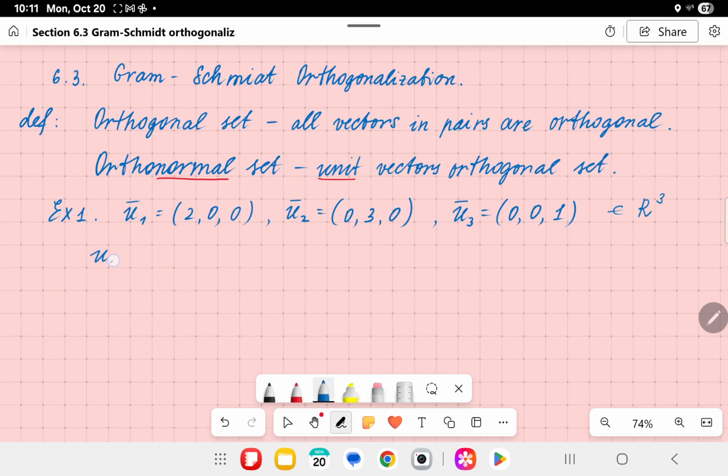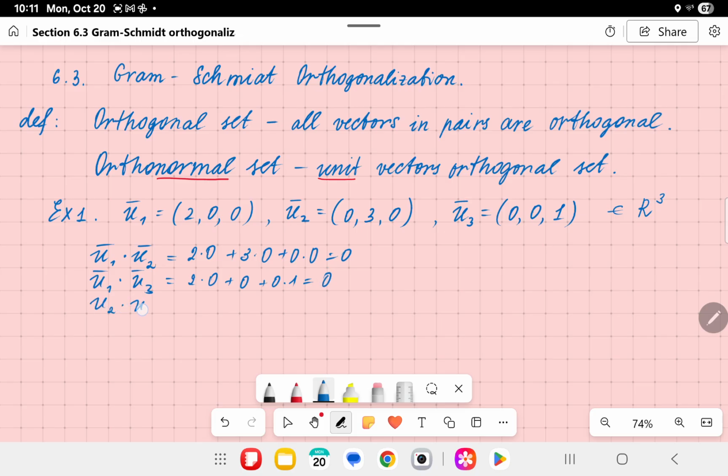If I find the inner product between U1 and U2, and here we have just the normal three-dimensional vector space with the normal dot product as inner product, we're going to have 2 by 0 plus 3 by 0 plus 0 by 0. We are going to have 0. And U1, U3 is going to be 2 by 0 plus 0 plus 0 by 1, which is also 0.